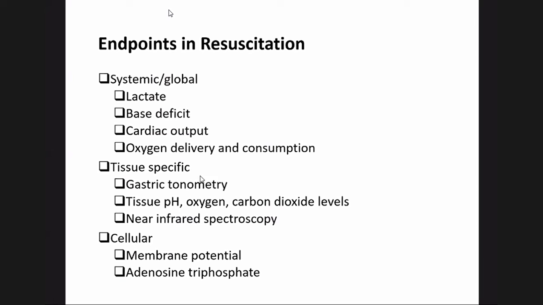So tissue specific naman, gastric tonometry is the most common here. Lactate and base deficit indicate global tissue acidosis. Then under cellular, we have membrane potential and adenosine triphosphate.